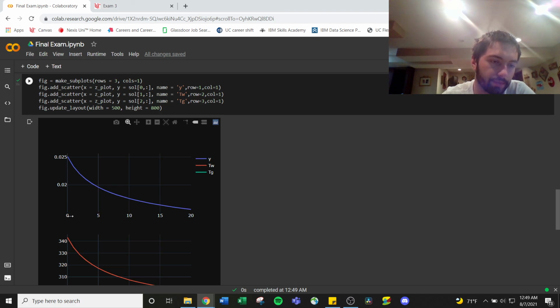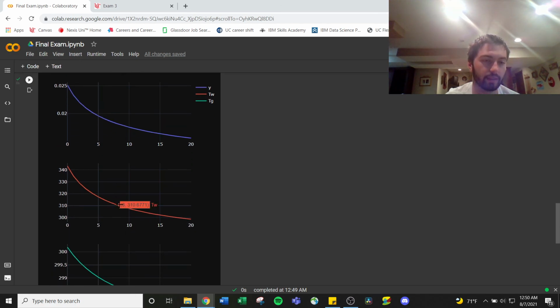So position 0 is right here. It makes sense. The air is coming in from the bottom and going out the top. So at position 0 at the top of the cooling tower, the gas should actually have the highest molar concentration of water. And it comes into the cooling tower at its lowest. So this graph looks good.